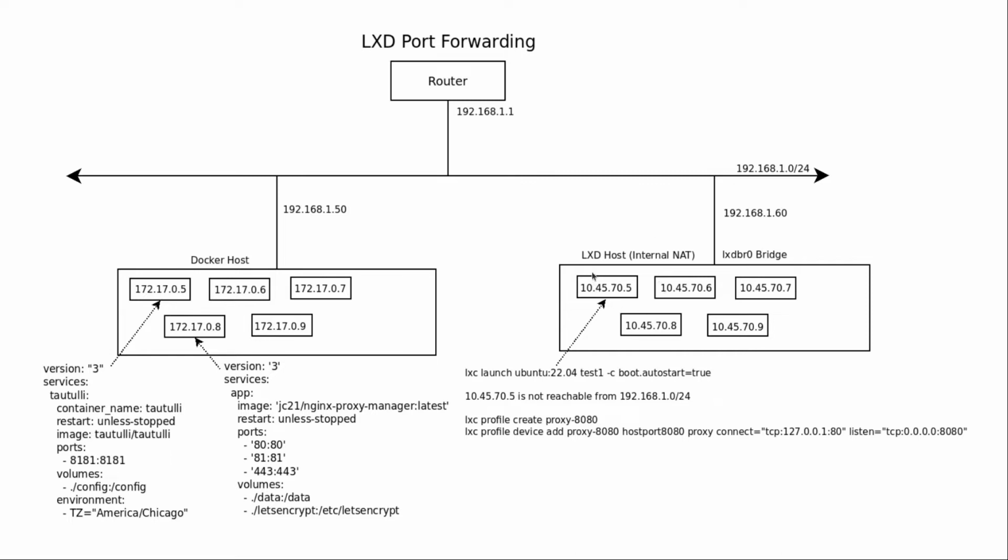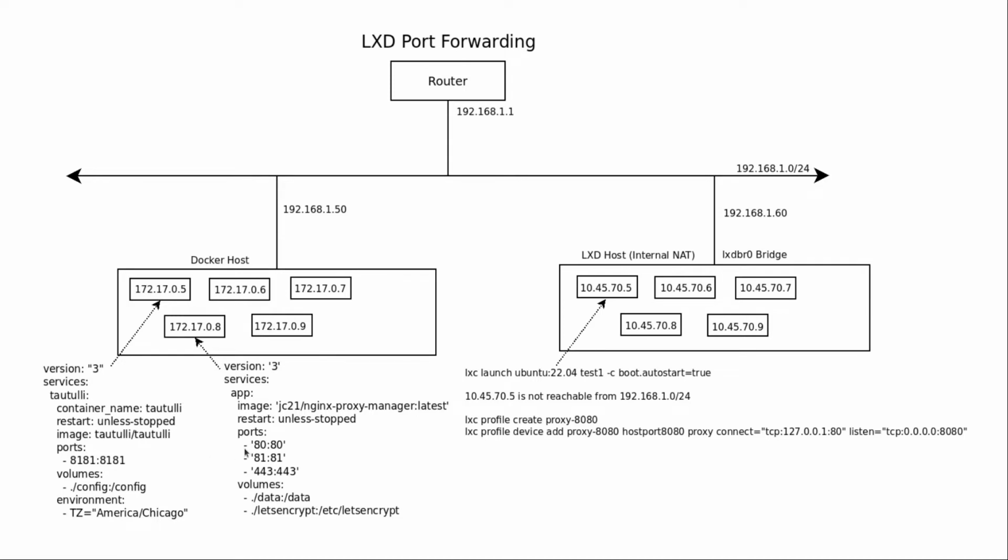So with that in mind, you could have multiple LXD containers running inside of the LXD NAT network, and they're bridged using LXD BR0 out to the main LAN. All that means is these containers can freely communicate outbound, but they can't necessarily communicate inbound.